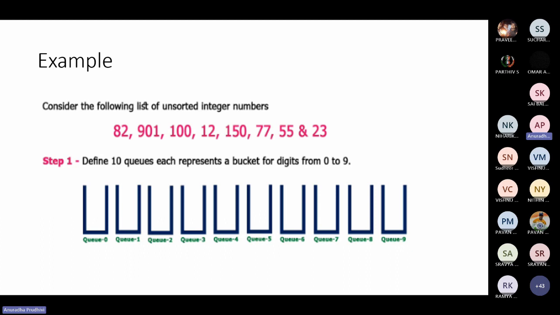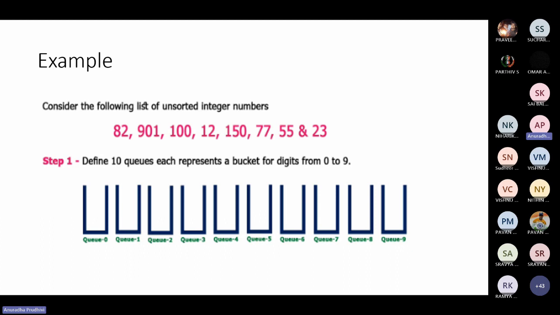Another way is to sort based on the least significant digit. Consider 82, 901, 100.